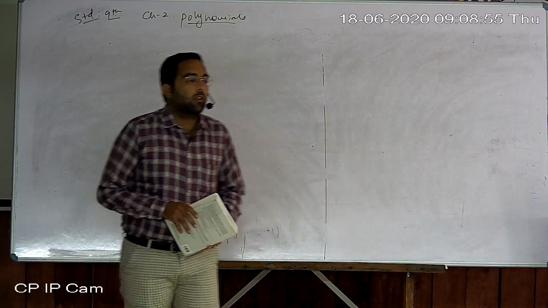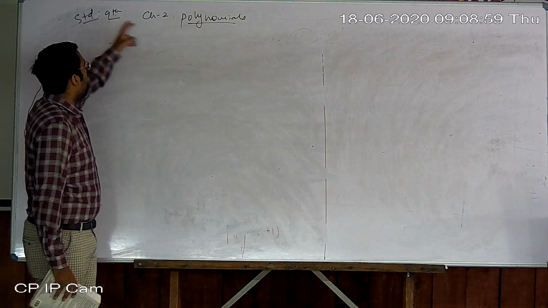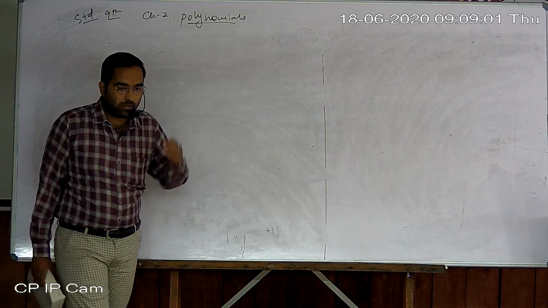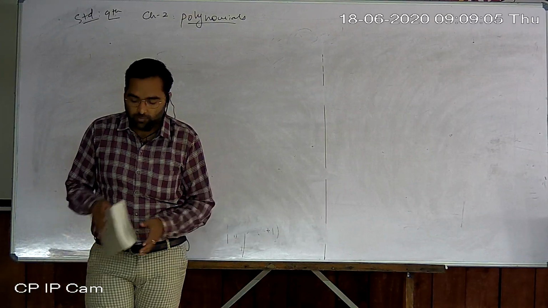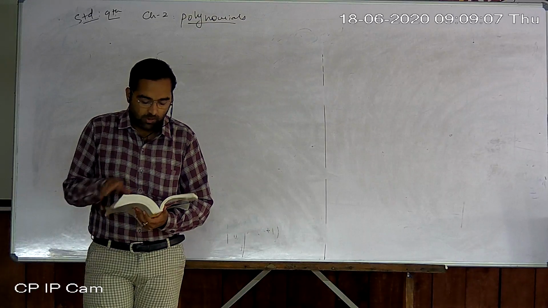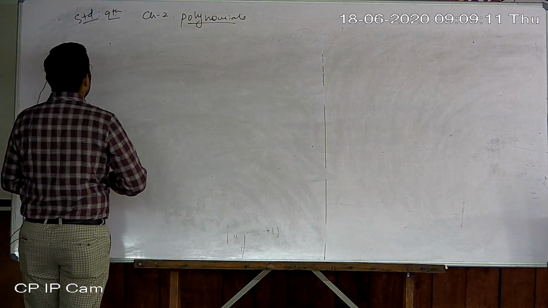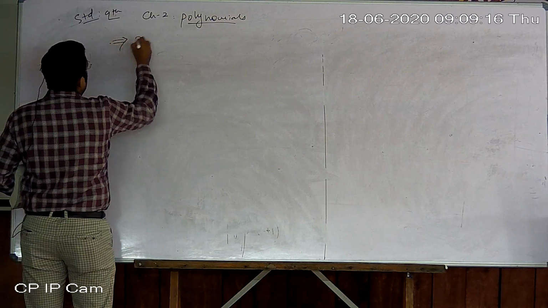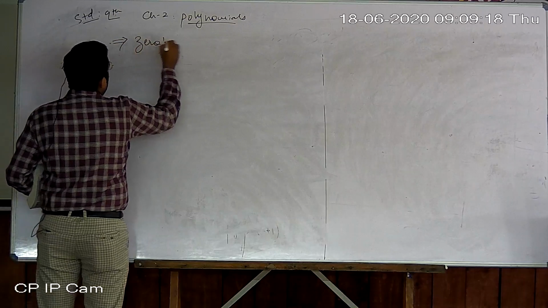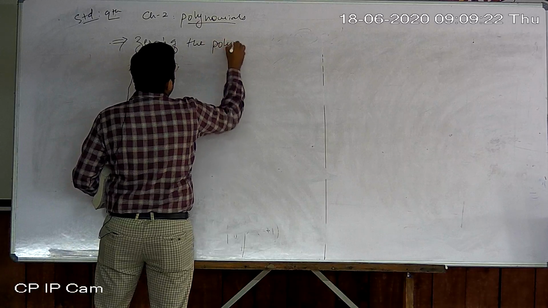Okay, so we have to learn about the standard 9th chapter 2, polynomials. As per the previous lecture, we already learned about the polynomial, and in the polynomial we already learned about the zeros of the polynomial.